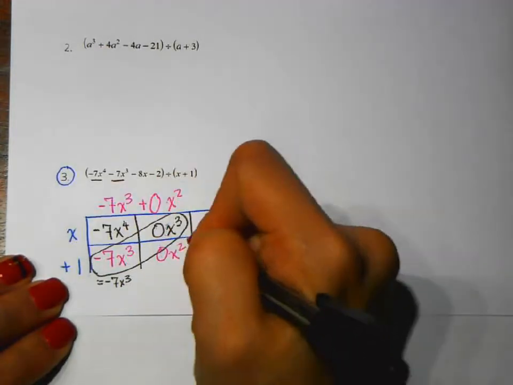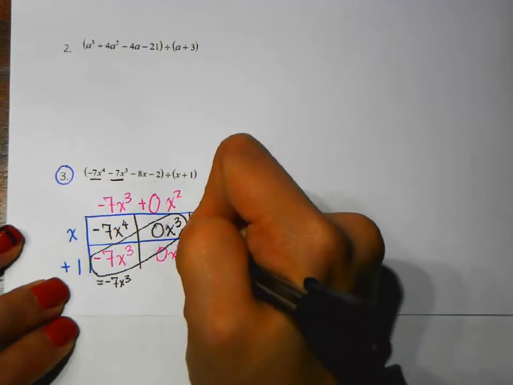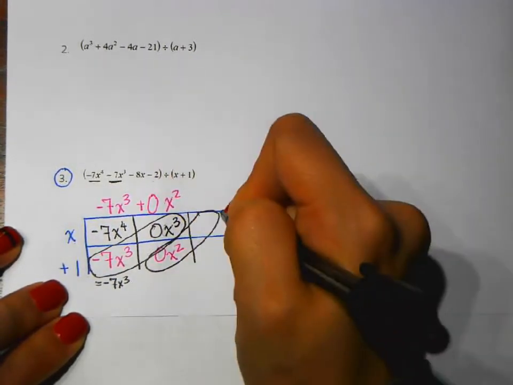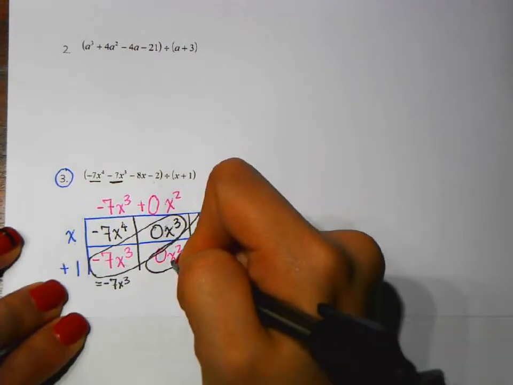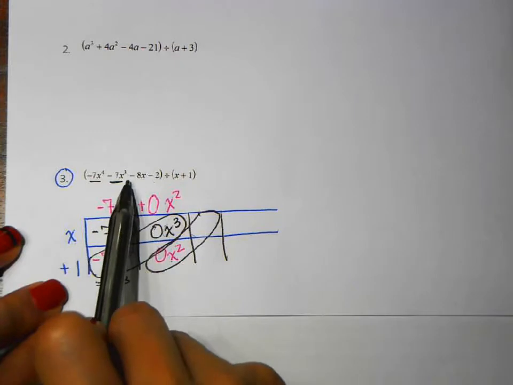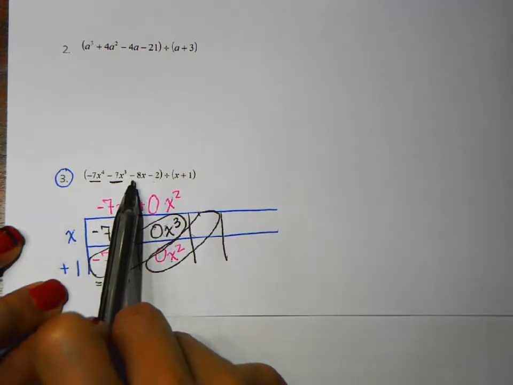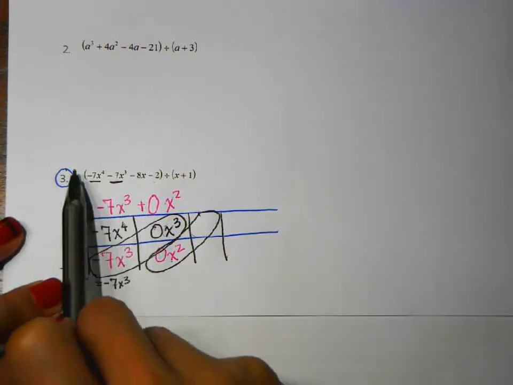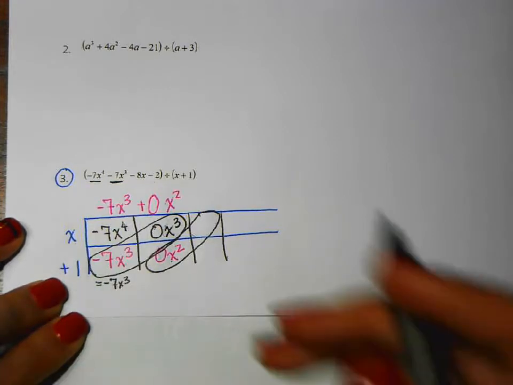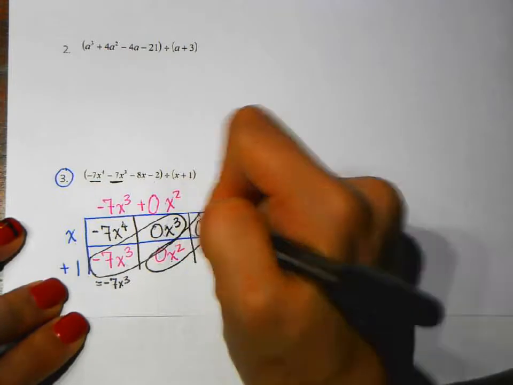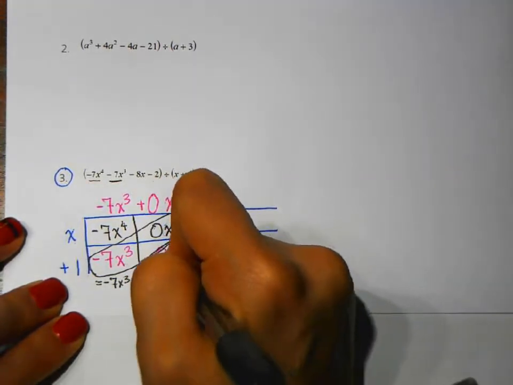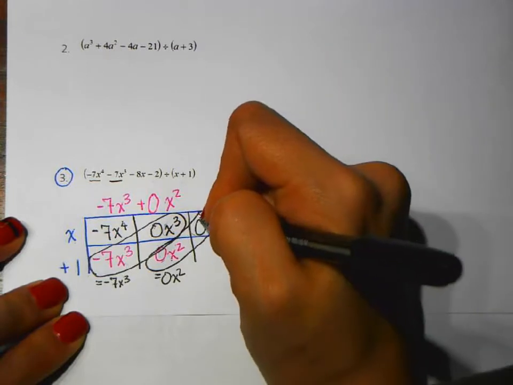In order to go on to the next column, I need to combine my term with these two. I've got 0x squared plus what is going to equal, if you look at the original equation, there is no x squared term. That means I want to make sure that I write down that it combines to equal 0x squared. 0 and 0 makes 0.